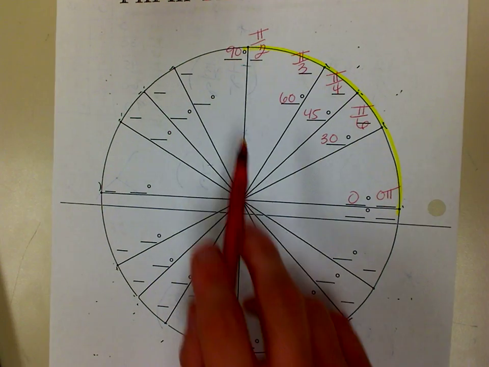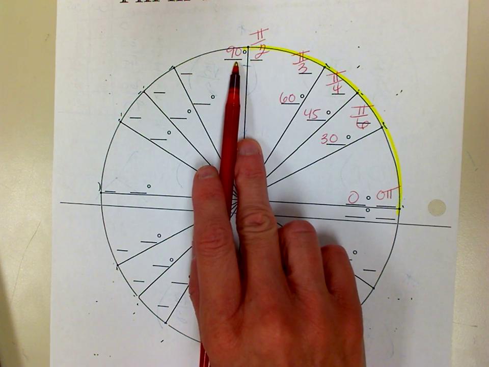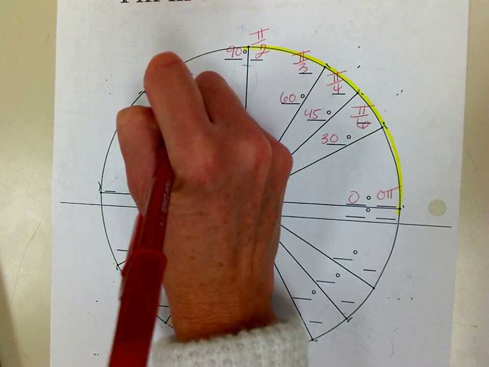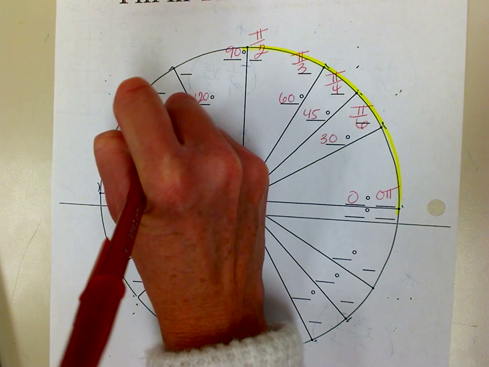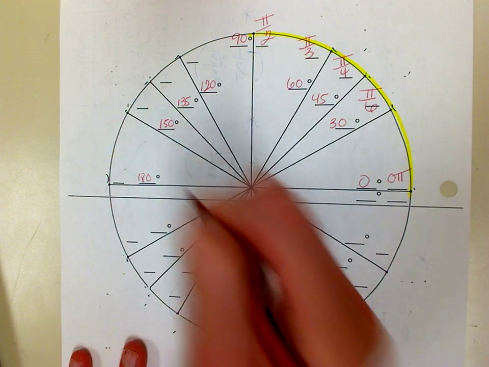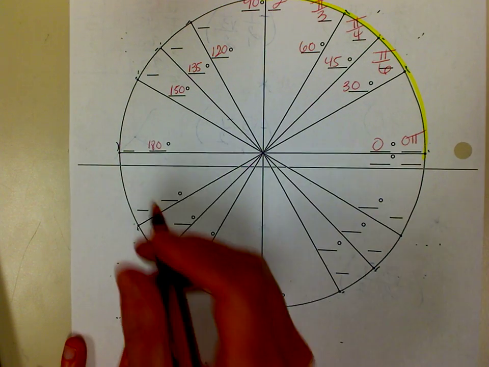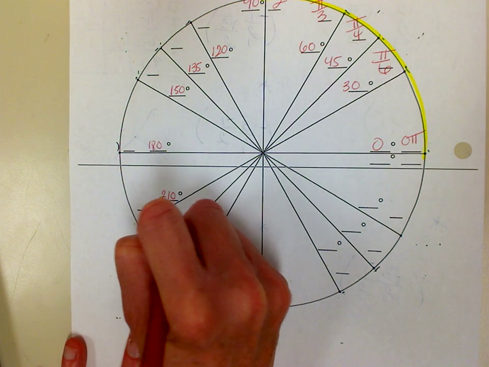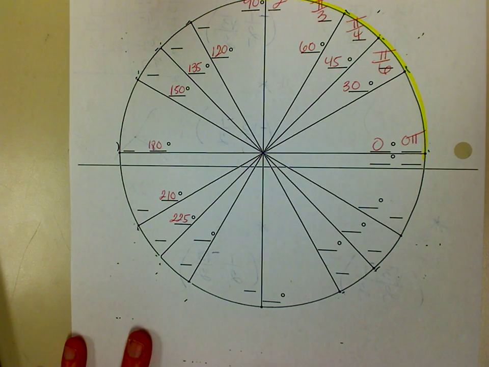So on 90, if I add 30, I get 120. Add 15, it's 135. Add 15 again, that's 150. Add 30, that's 180. Okay, repeat. Add 30, 210. Add 15, 225.